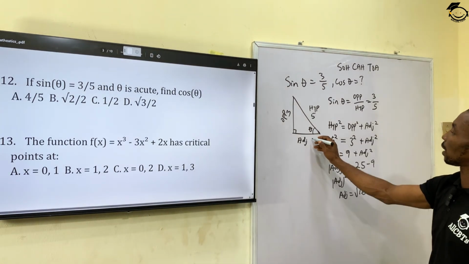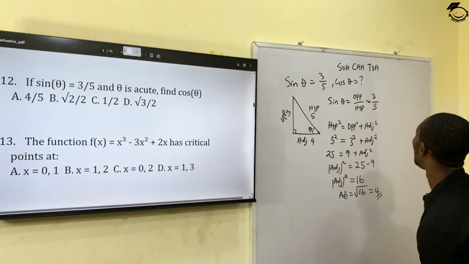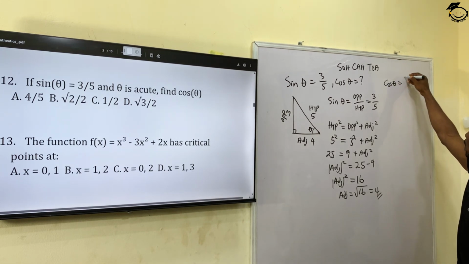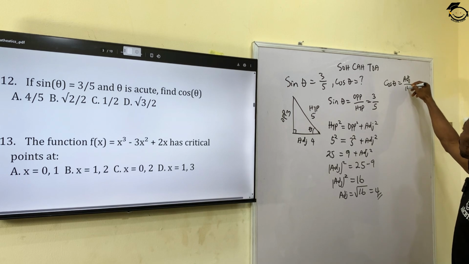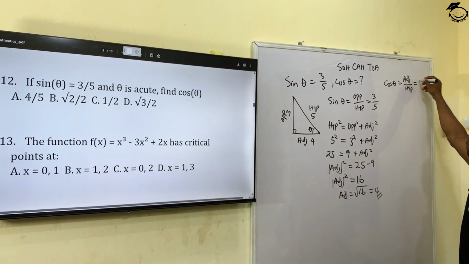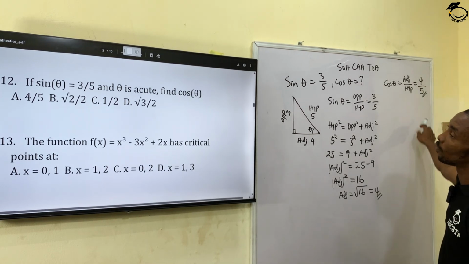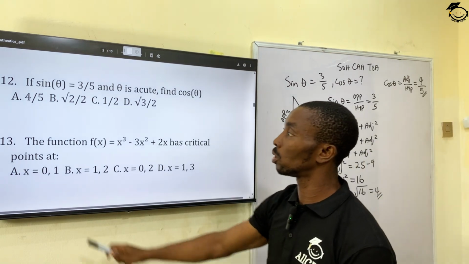So the value of our adjacent here will be 4. Now back to cos theta. Cos theta equals adjacent over hypotenuse. Our adjacent is 4 and our hypotenuse is 5. So the value of our cos theta will become 4 over 5, which is option A.